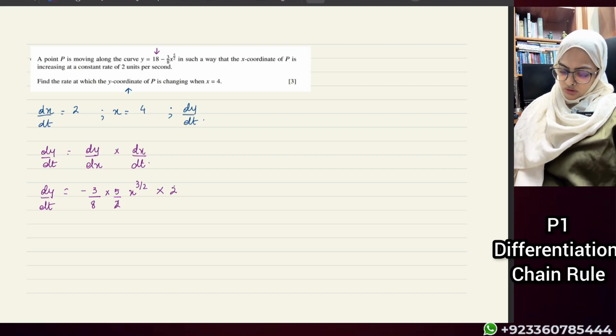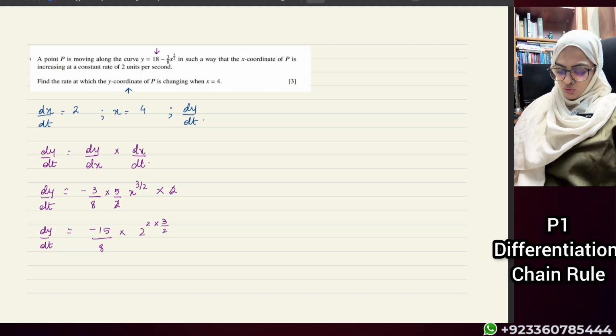So this 2 cancels. Dy by dt is equals to minus 15 upon 8 into the value of x, which is 4. We can write it 2 square multiply by 3 upon 2. 3 and 2 cancels.